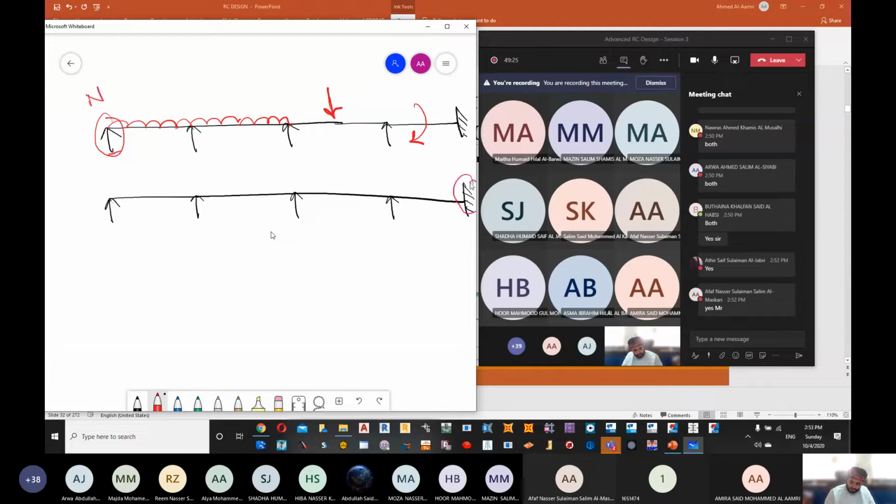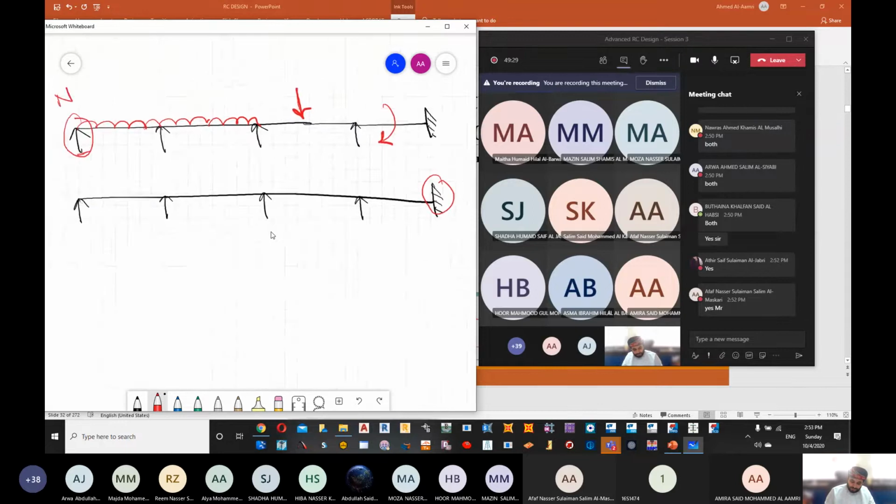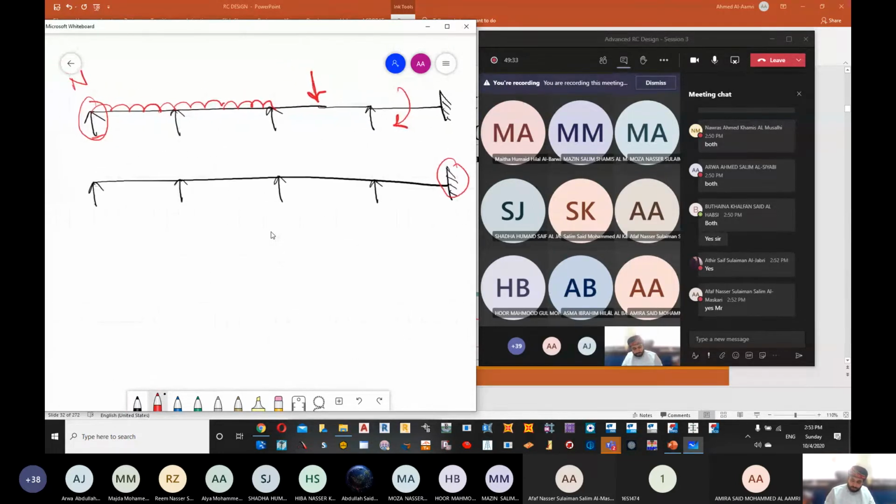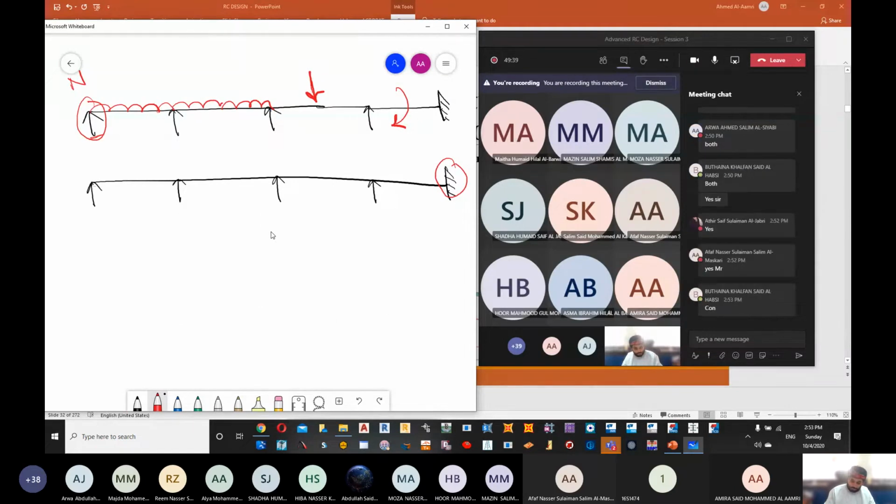This one, true that it has only one side, but because of the fixed support, it acts as a continuous. Are we okay? So now what we see here, bending moment is 0. This bending moment goes in this way.